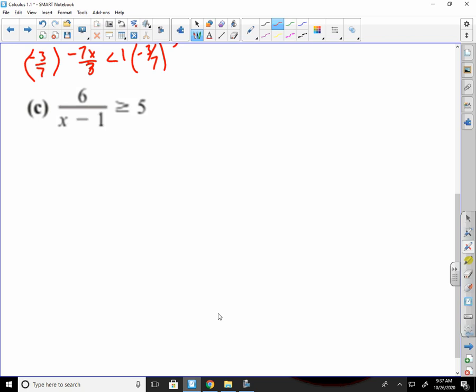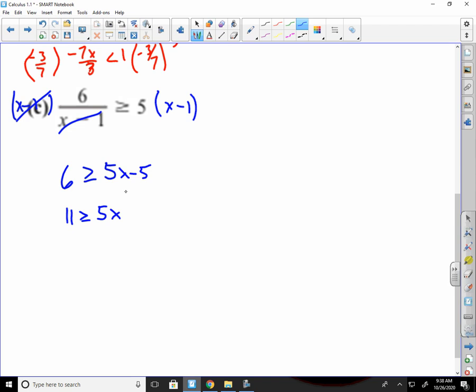Next one, in order to get x minus 1 off the bottom, I have to multiply both sides by x minus 1. So to cancel those out, gives me 6 is greater than or equal to 5x minus 5. Add the 5 over. 11 is greater than or equal to 5x.